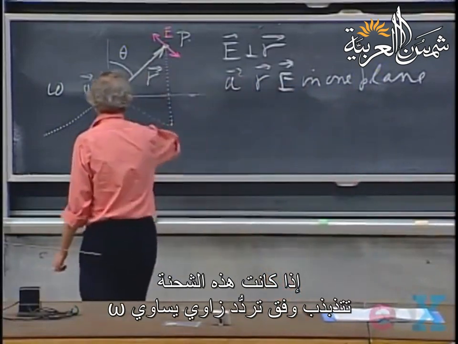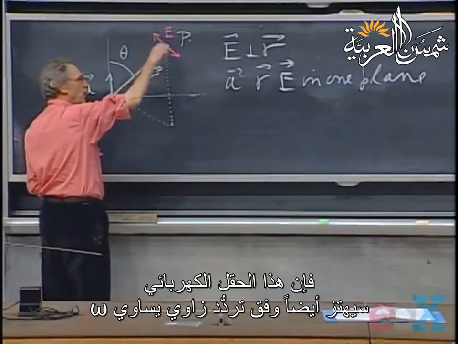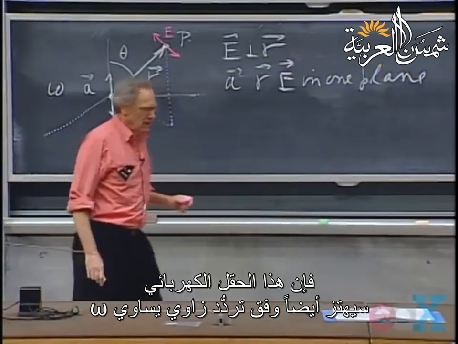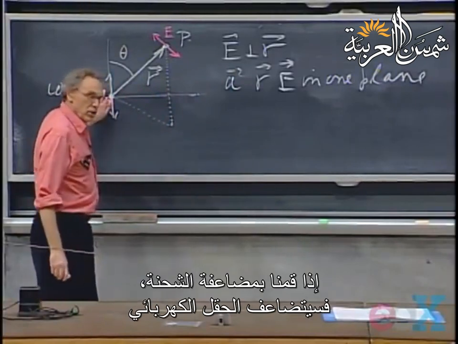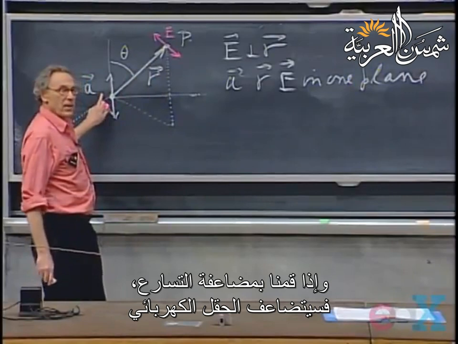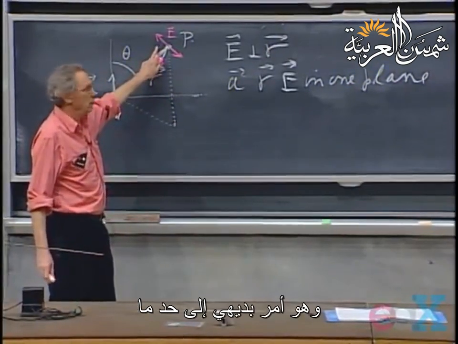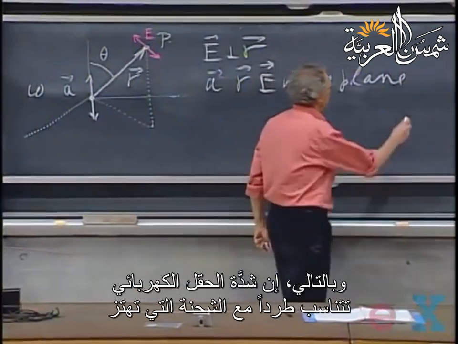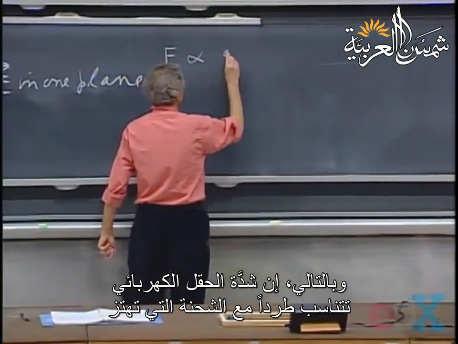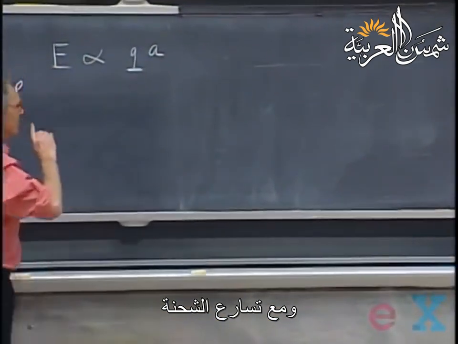So if this is oscillating with angular frequency omega, then this electric field will also be oscillating with that angular frequency omega. If you double the charge, the electric field will double. If you double the acceleration, the electric field will also double. That's reasonably intuitive. So the electric field strength is proportional with the charge that you oscillate, with the acceleration.